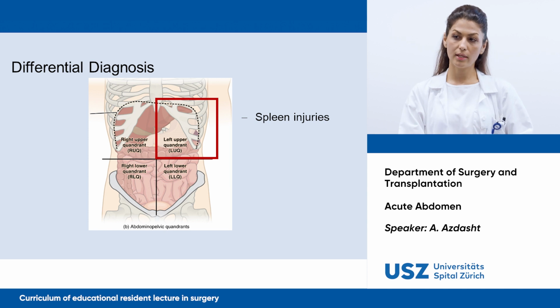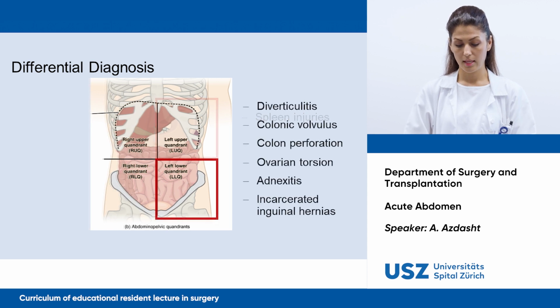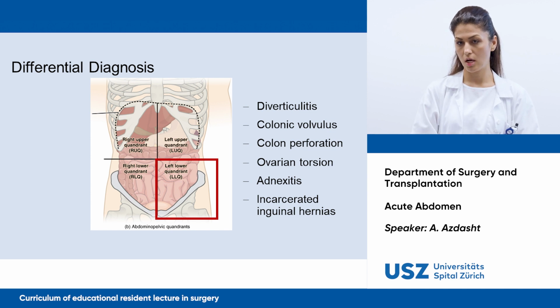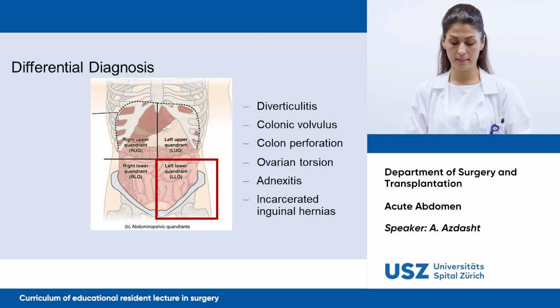If the pain is located rather on the left-hand side, think of spleen injuries, especially if the patient has had a trauma. If the pain is located on the left lower quadrant, it can be the same causes as on the right-hand side, of course, but what do we have here as well as a differential diagnosis?